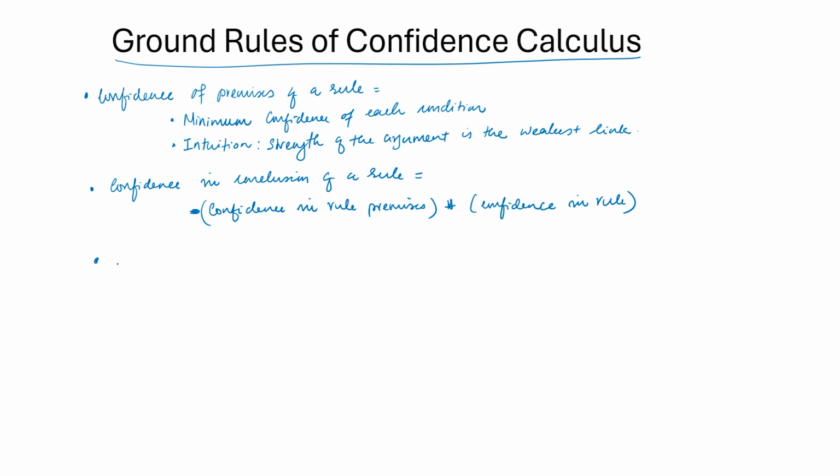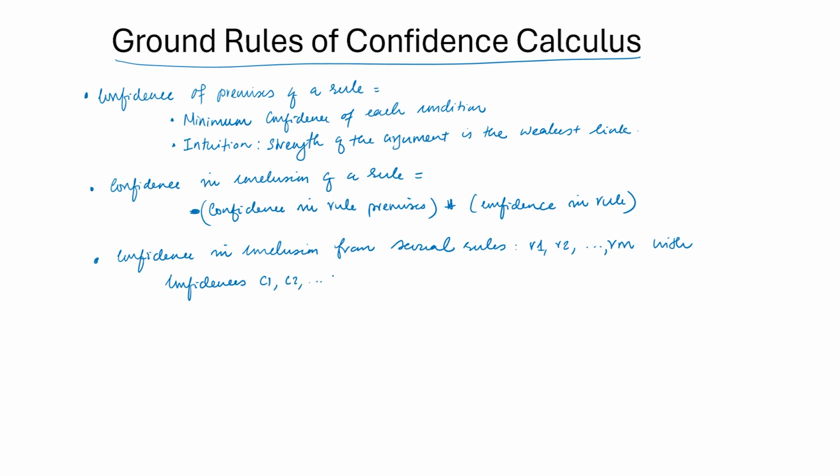Now, the confidence in the conclusion from several rules, say R1, R2, etc., Rm with confidences C1, C2, etc., Cm, will be equal to C1 @ C2 @ etc. @ Cm, where x @ y is 1 minus (1 minus x) times (1 minus y).